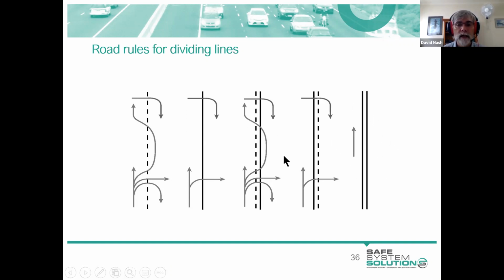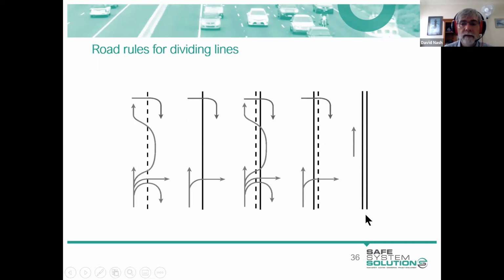And the broken line allows you to enter or leave the road across the broken line side and also U-turn. And in this case, also you can cross it to enter or leave the road, but you can't do a U-turn. So understanding all of that is very important for applying these lines in practice.